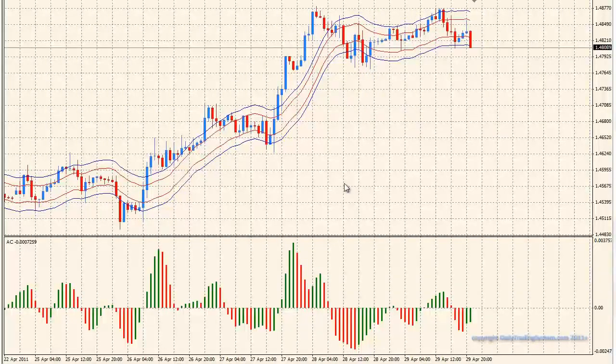The two indicators that we're using are the Envelopes and the Accelerator Oscillator. We have two upper bands and two lower bands, and I've given them two different colors. What we're basically looking for is a candle. This lower band area is for buyers and this upper band area is for sells.